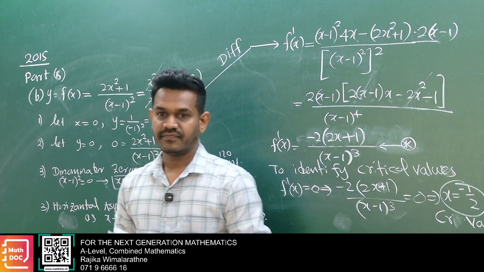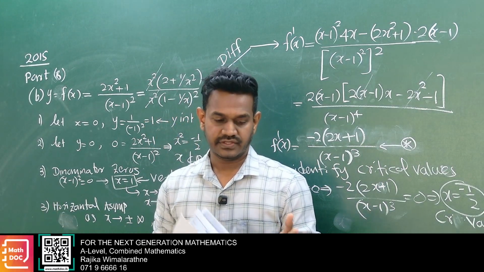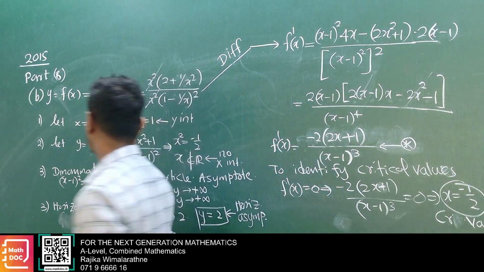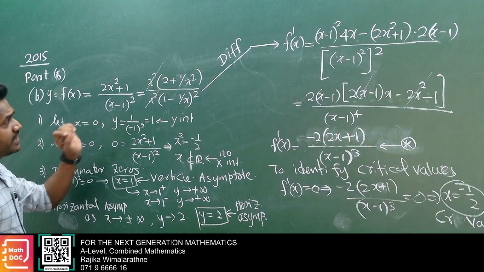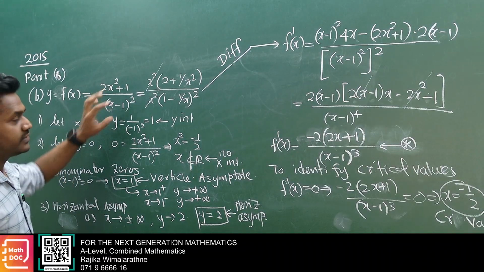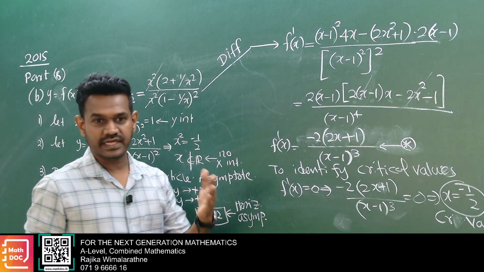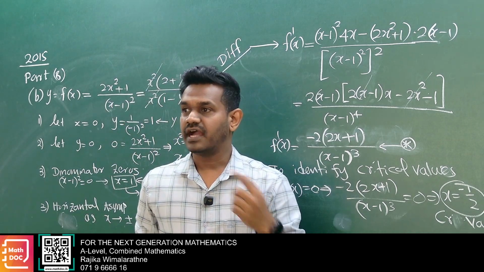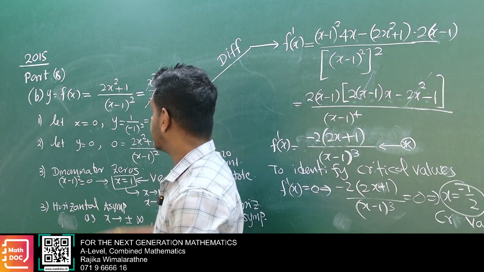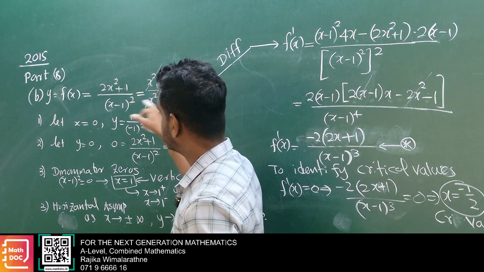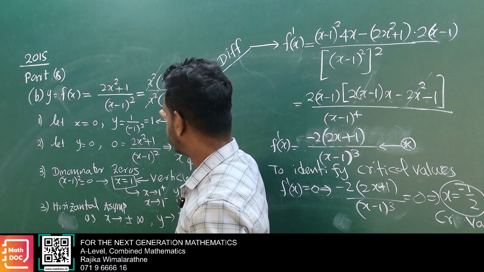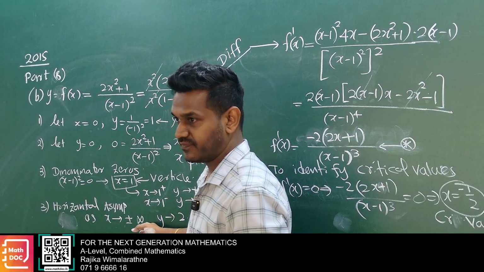So anyway, the procedure: we need the function. In that function we have a factor format. Here it is already factorized. If the function is given, you check the denominator factors and numerator factors first. Thereafter, in another format, we have to take the maximum term outside to analyze the horizontal asymptote.